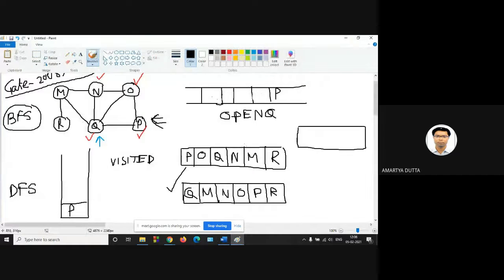So first P. P is not in the given array so write down P here. Next P is popped.